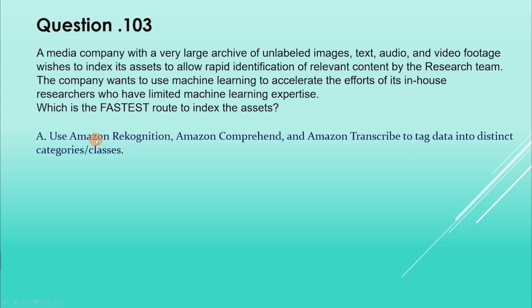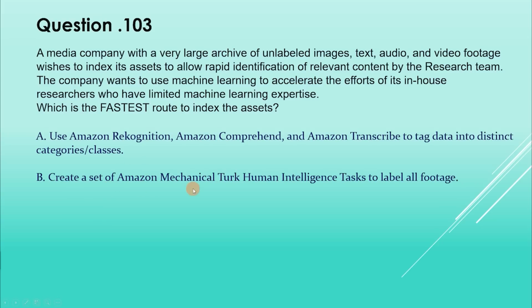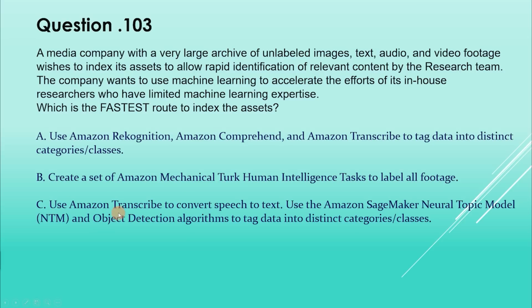Here are the options: option A, use Amazon Rekognition, Amazon Comprehend and Amazon Transcribe to tag data into distinct categories and classes. Option B, create a set of Amazon Mechanical Turk Human Intelligence tasks to label all footage. Option C, use Amazon Transcribe to convert speech to text. Use the Amazon SageMaker Neural Topic Model and Object Detection Algorithm to tag data into distinct categories and classes.